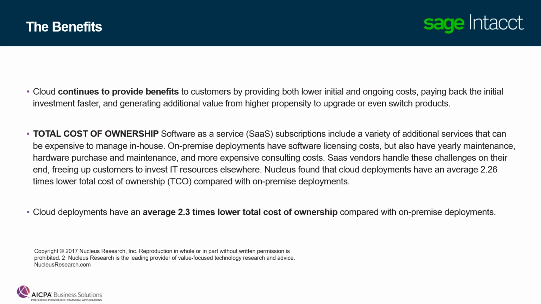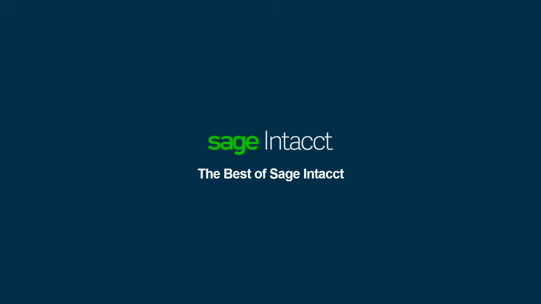This comes directly from Nucleus Research, and this is a couple of years ago, so this has only increased over the last 2 years. Cloud deployments have an average of 2.3 times lower total cost of ownership when you compare that with an on-premise deployment. So lots of benefits here around moving from an on-premise solution to a cloud-based solution, which is what you're going to see with Sage Intacct.